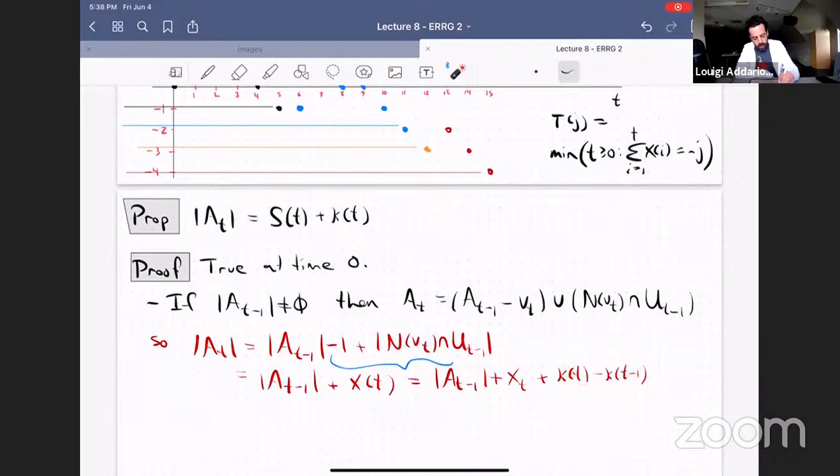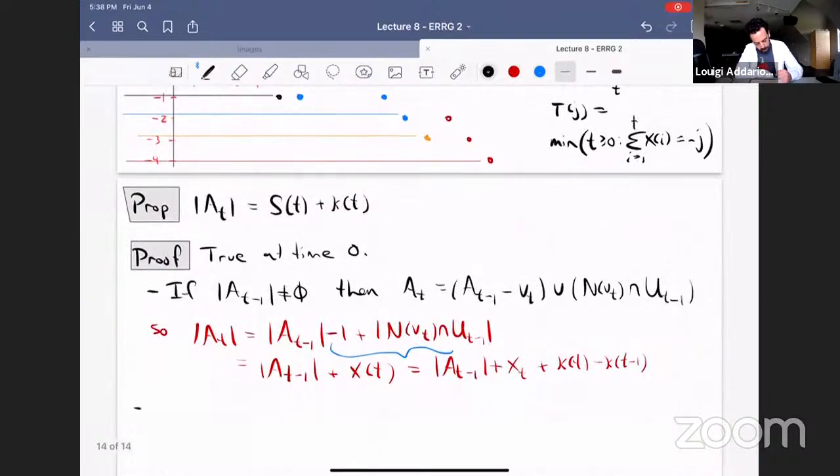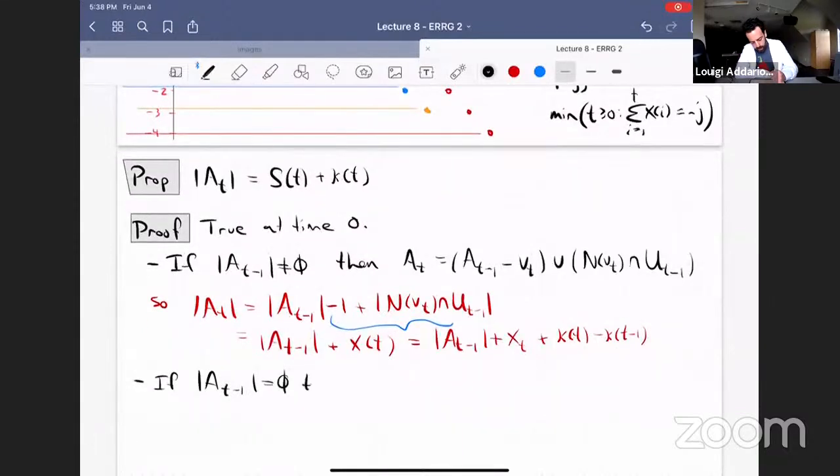The other possibility is that we are concluding the exploration of a component. In that case, what happens when we finish exploring a component is that the newly active set consists of the following: we take some new vertex vt, which comes out of the unexplored set, we explore its neighborhood and put all of those into the active set.